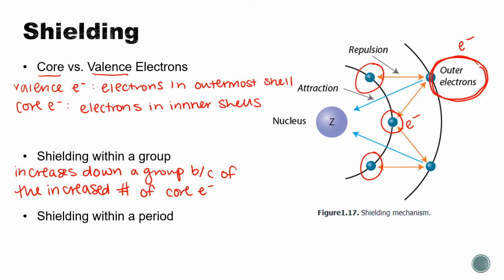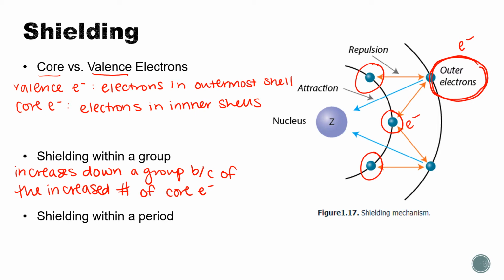So as we go down the group, we're increasing atomic number, which means we're increasing protons, but we're also increasing the electrons, and we're adding in more energy levels. So as we're going down that group, we're adding in more core electrons, which means that the shielding of the valence electrons to the nucleus is going to increase, which means that those valence electrons are going to have a harder time getting to the nucleus.